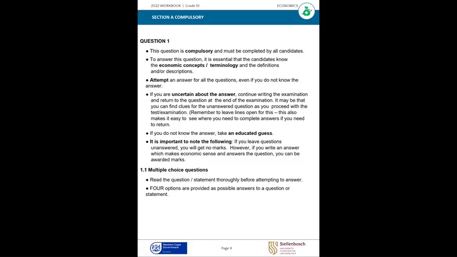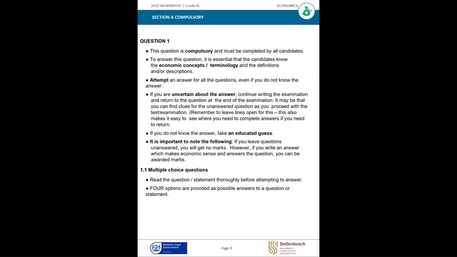It may be that you can find clues for the unanswered questions as you proceed with the test or examination. Remember to leave lines open for this. This also makes it easier to see where you need to complete answers if you need to return, right?